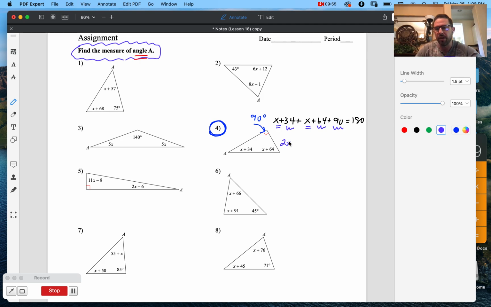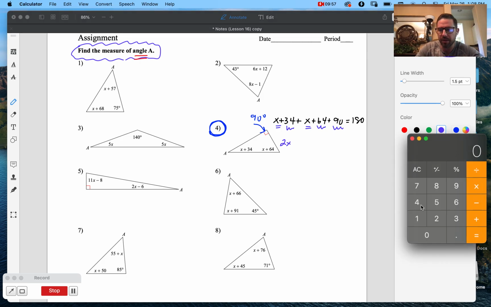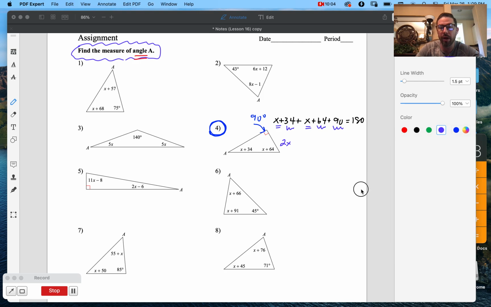I don't even want to use my brain right now, so I'm just going to say 34 plus 64 plus 90 equals 188. Okay, that makes my life a lot easier. Plus 188 equals. I could have done that in my head, I'm just letting you know, but I was being lazy.